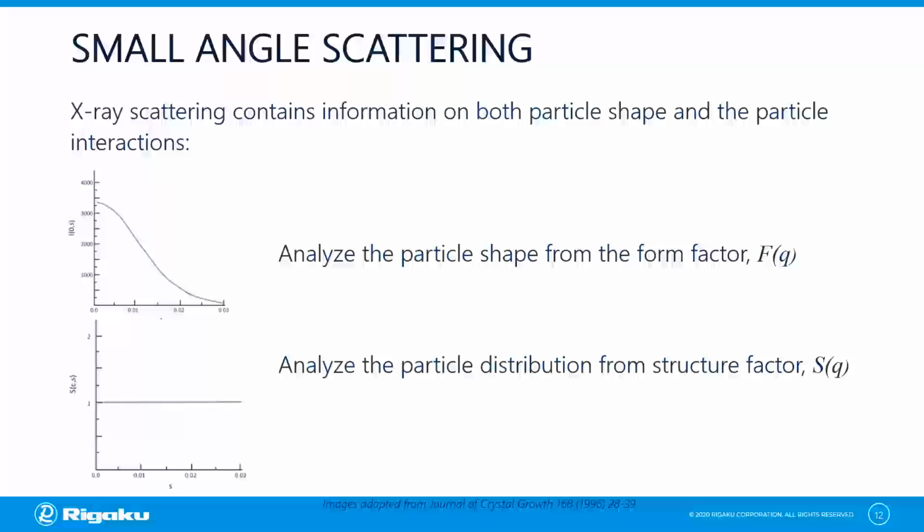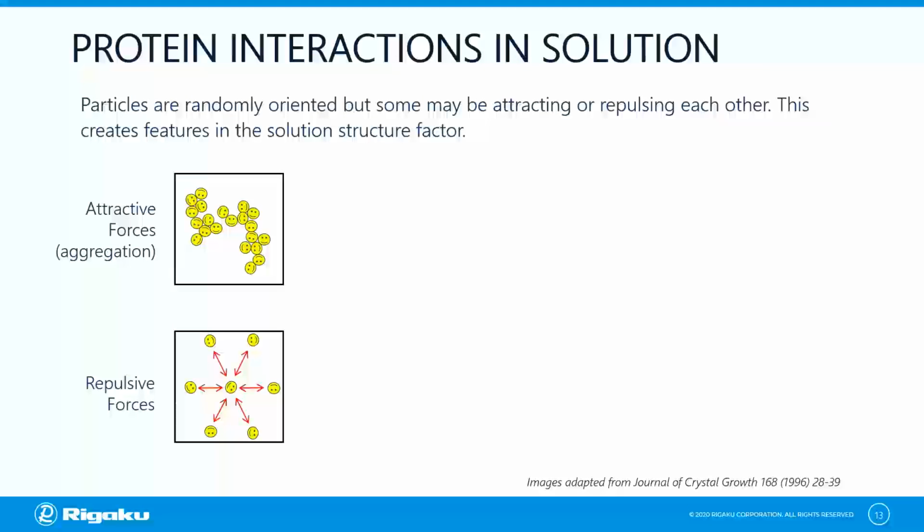So we're only going to see information about the shape. So what happens if it's not 1, if there are interactions? We're going to look at a couple of different scenarios, one for attractive forces and one for repulsive. If we have attractive forces, then we have a form factor for our particles in solution, their shape, and also because of their interaction, the solution structure factor will be greater than 1 at low scattering angle, and it will oscillate about 1 as the scattering angle increases.